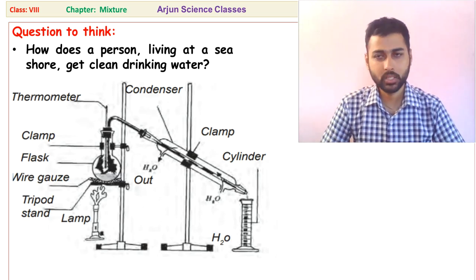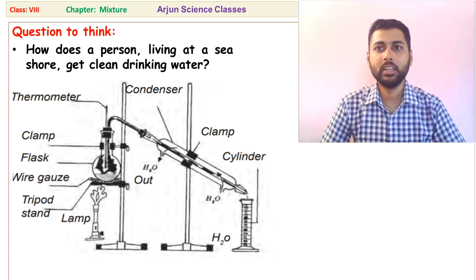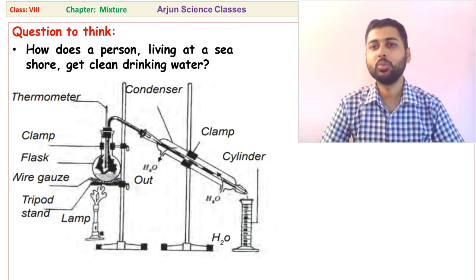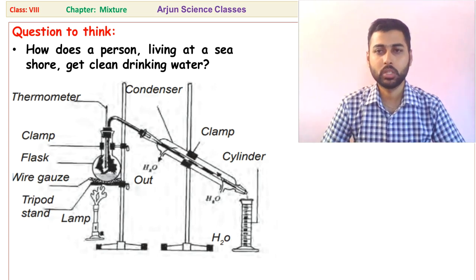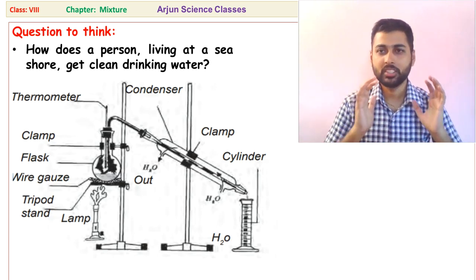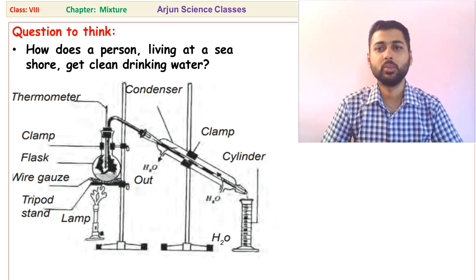How does a person who is living near the sea get pure and clean drinking water? What is the mechanism to separate pure water from sea water? What is the mechanism to separate the salt and water from the sea water?